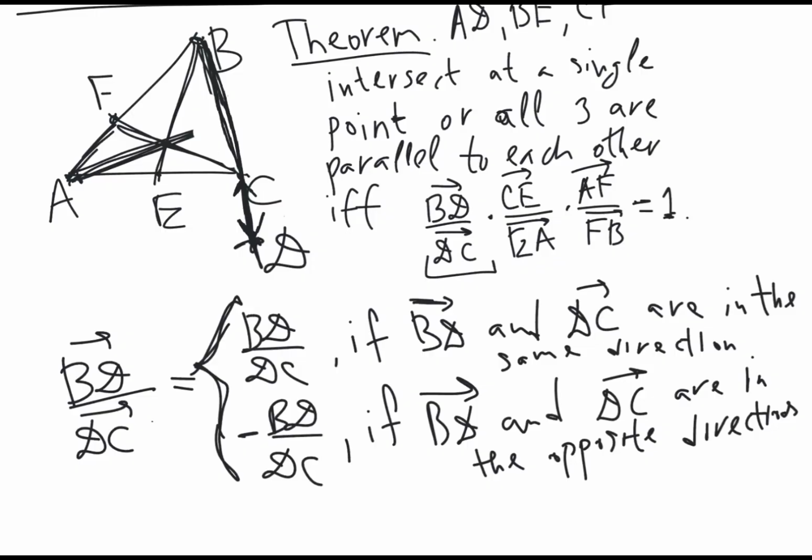Then we would have the minus sign. That's how we define the ratio of the vectors, and that's why we put the vectors here. Let me return the point D to the original place.